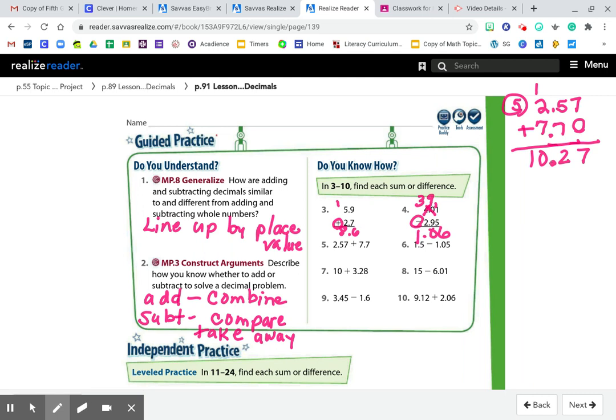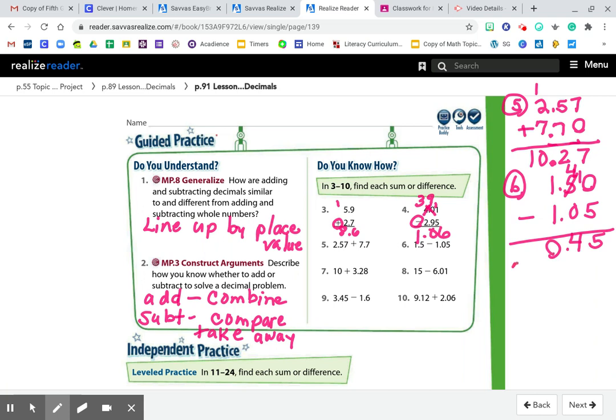Number 6, 1.5 minus 1.05, going to the hundredths place, so I'm going to annex a 0 here. I can't take 5 away from nothing, so I'm going to regroup, borrow, subtract. 1 from 1 is 0.